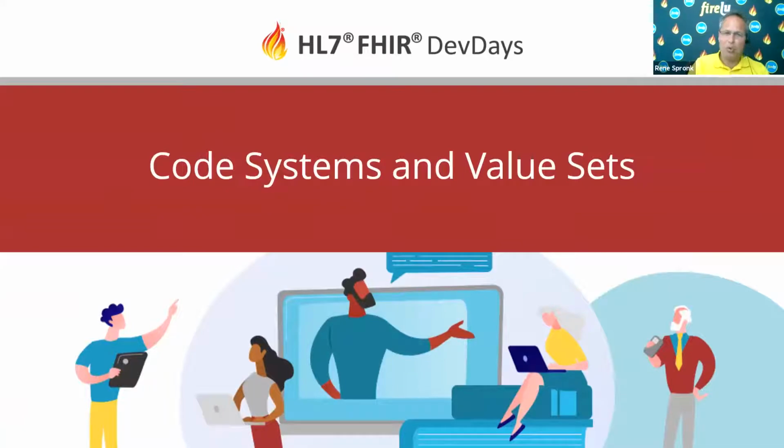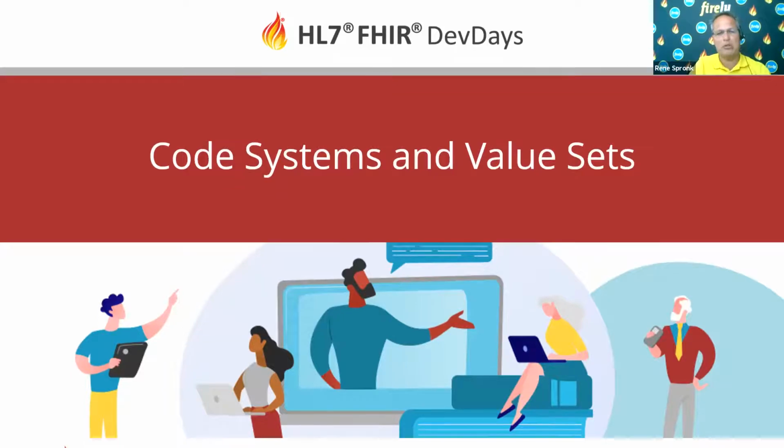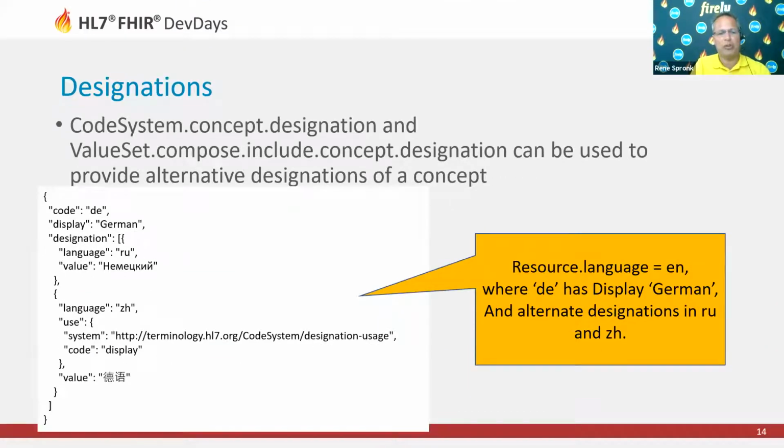Let's also go for code systems and value sets. Obviously, that's a very specific area because code system definitions may actually contain multiple designations, multiple descriptions.